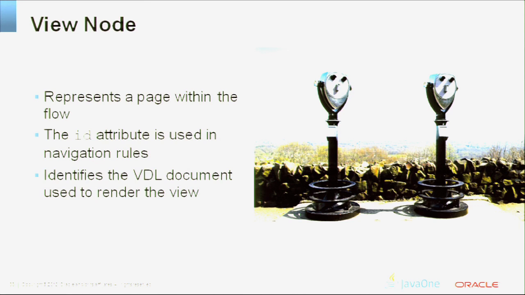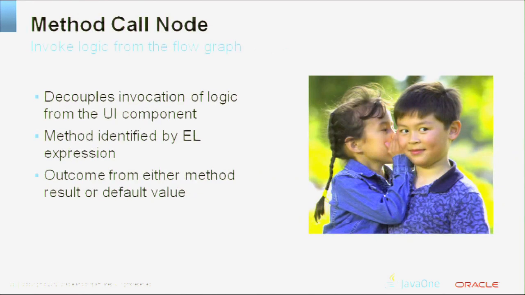So the view node represents the page within the flow. It's what we already know. Any JSF page is one of these things, or can be one of these things. The method call node lets us invoke logic from the flow graph. So it decouples the invocation of logic from the UI component. You have a method identified by an EL expression and an outcome from the method, or you can actually, in the flow definition, define what is the default outcome.